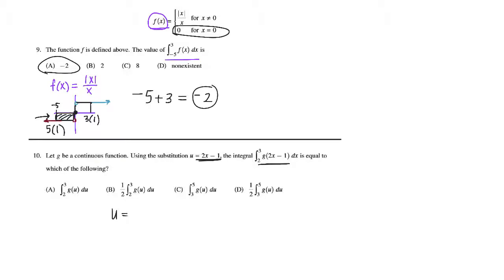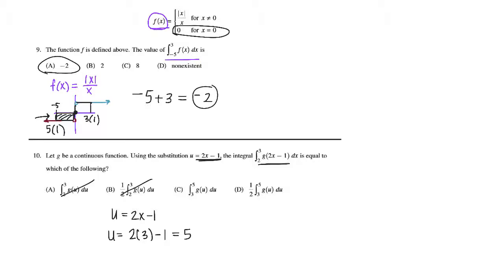So U is equal to 2x minus 1, and so U equals 2 times 3 minus 1, which is going to tell me my upper endpoint is 5, which very quickly eliminates A and B. And apparently from C and D's answer choices, the bottom is going to be 3.